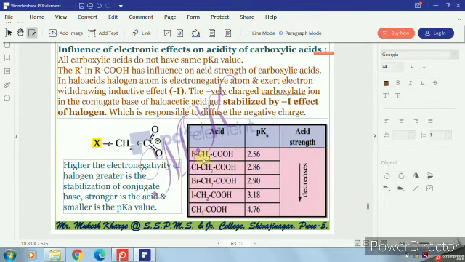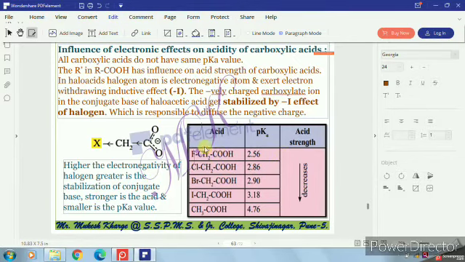Fluoroacetic acid pKa value is 2.56, chloroacetic acid 2.86, bromoacetic acid 2.9, iodoacetic acid 3.18, and acetic acid has 4.76. So fluorine is the most electronegative, so the pKa value is smaller and the acid is stronger.